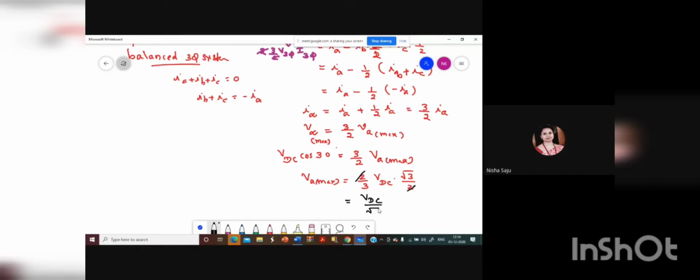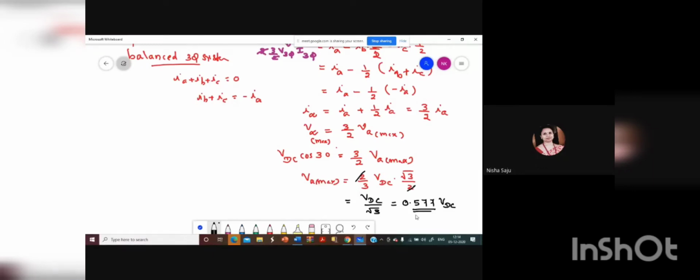That is equal to 0.577 VDC. So in the case of space vector modulation, you will be getting the maximum value of the A phase voltage as 0.577 VDC.